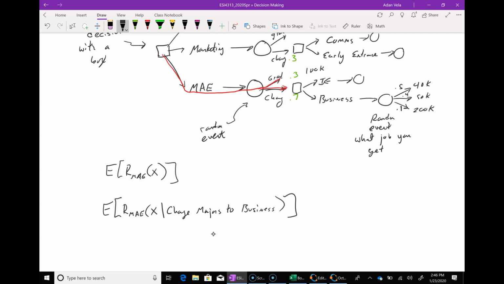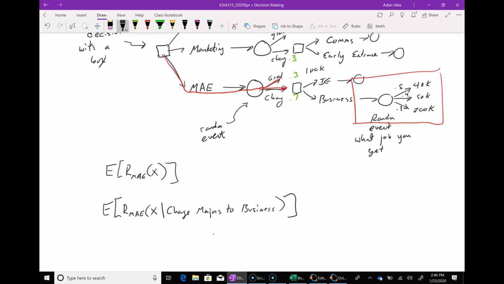That you can calculate, but we're left with what we did before. If we say, what's the reward of picking MAE, given that you changed majors to business, we're looking at what's happening right here. Okay, so we're going to follow our tree down.